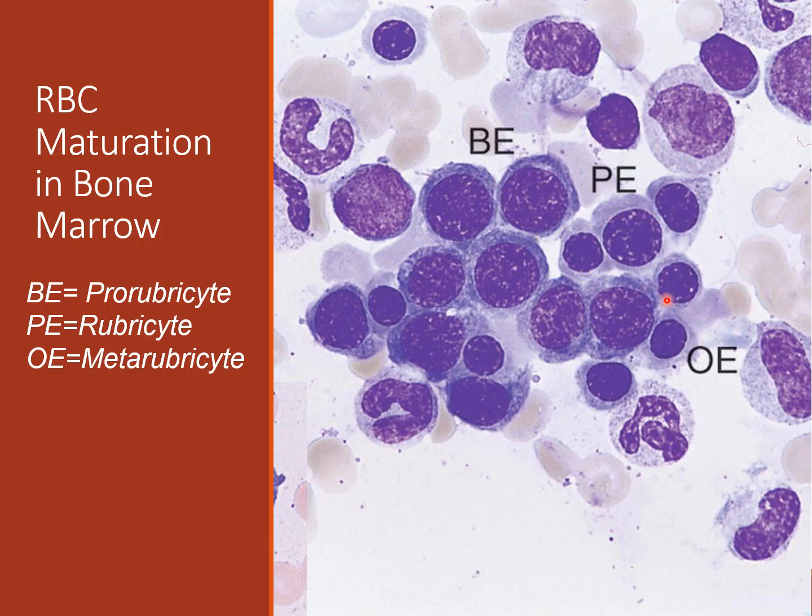Then we've got the metarubricite. See how much smaller it is in comparison. And then here we have the rubrocyte, which is a little bit between the prorubricite and the metarubricite. So we're going to be looking at some of those slides as well.